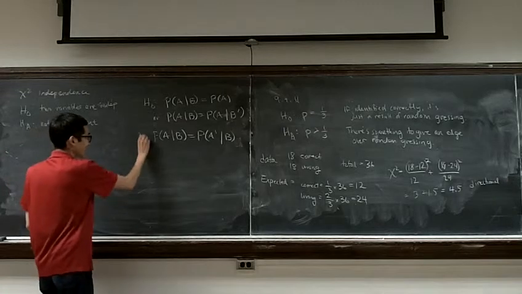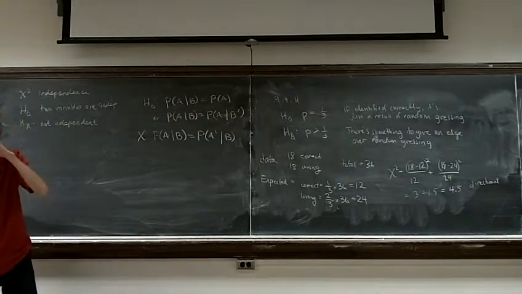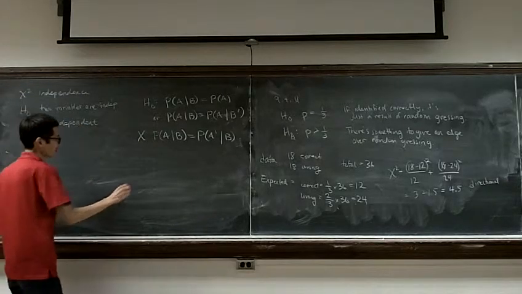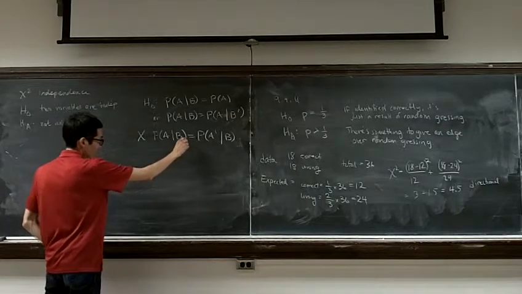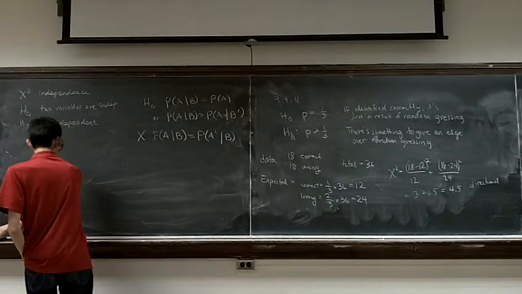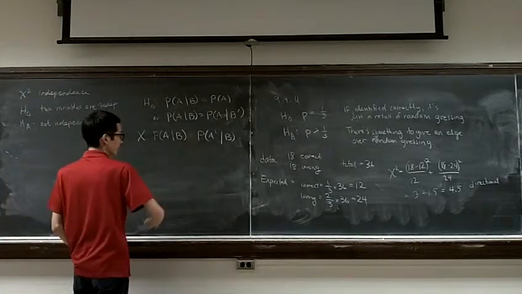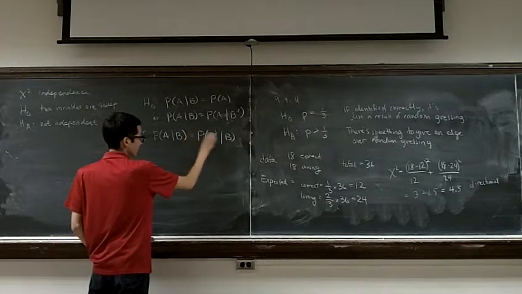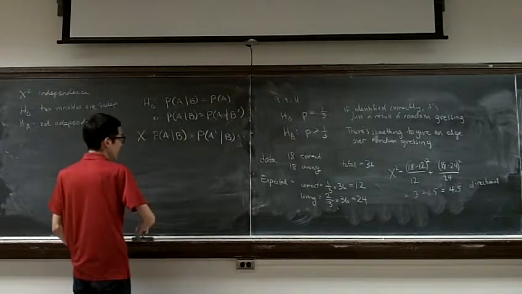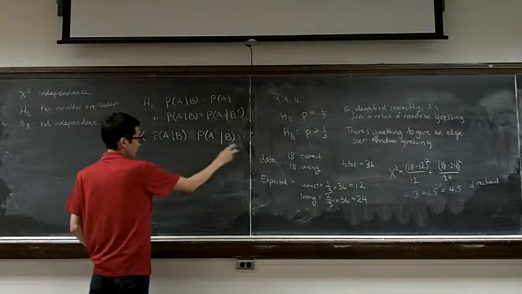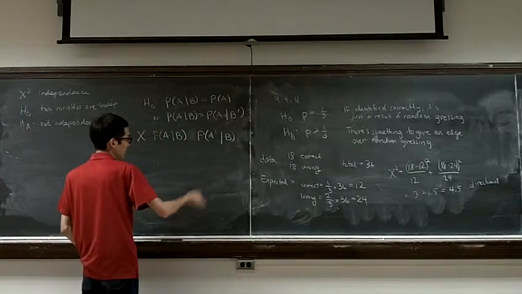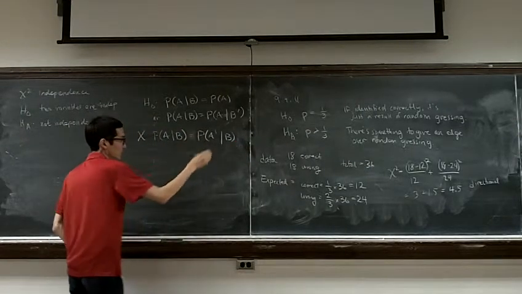Yeah, this is no, okay? What actually is happening in this relationship is that this plus this equals 1, okay? The probability of A and the probability of A complement given B would add up to 1.